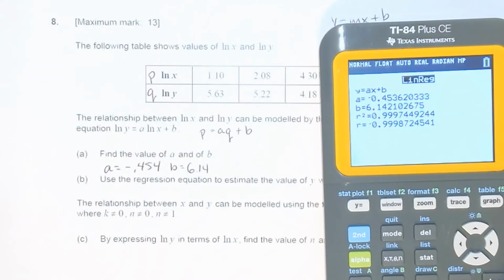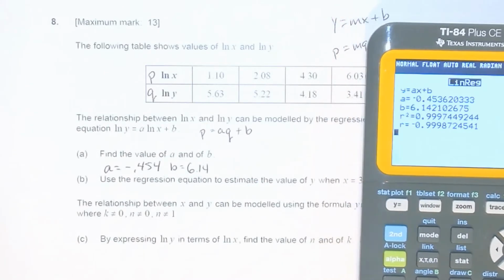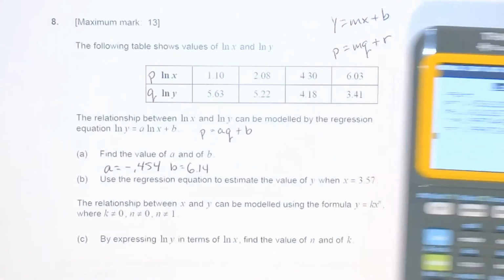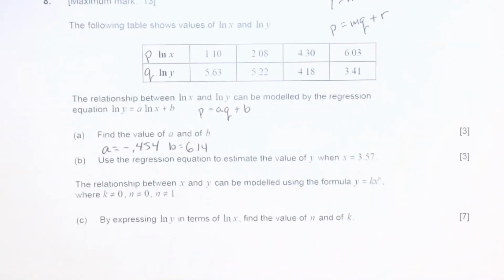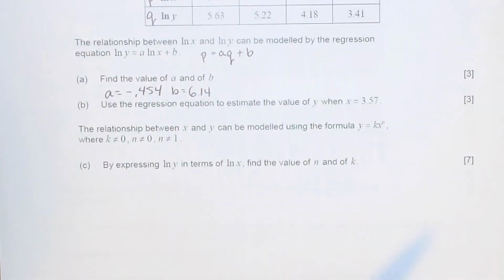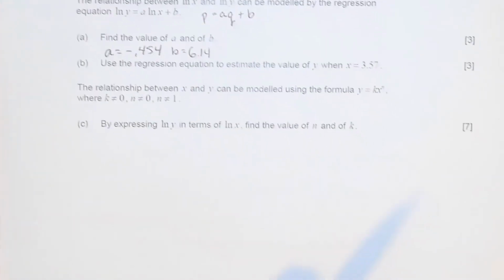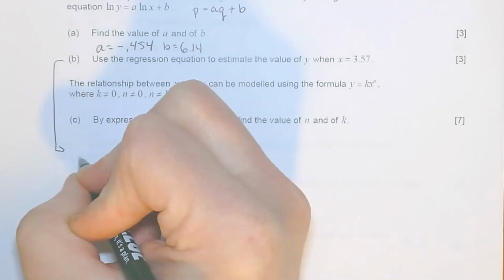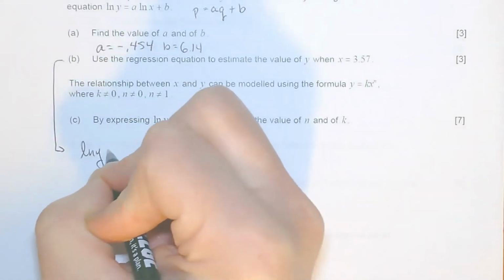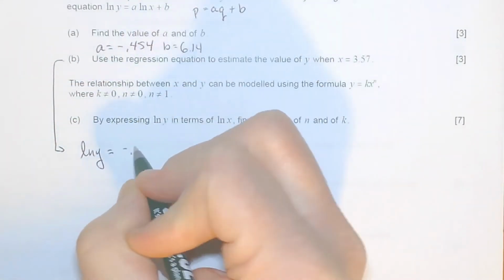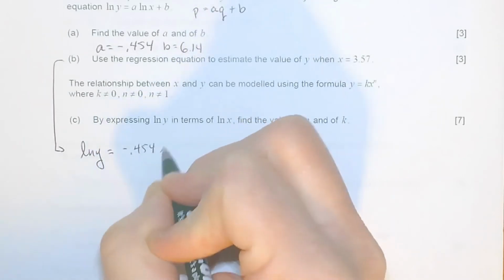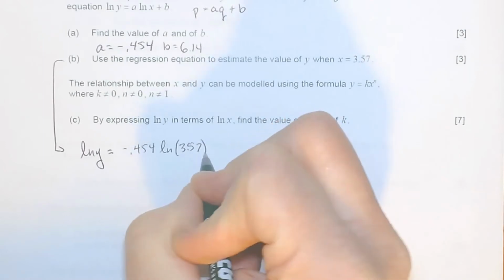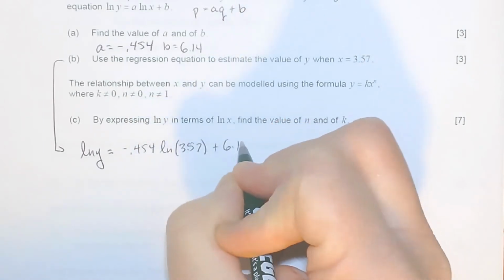Now the next thing it asks us to do is use the regression equation to estimate the value of y when x equals 3.57. So let's set that up further down the page. I'm going to say that the natural log of y is equal to negative 0.454 times the natural log of 3.57 plus 6.14.